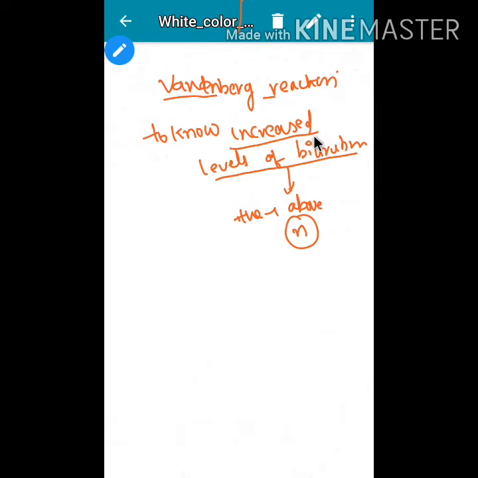There is a reagent called Vandenberg reagent.